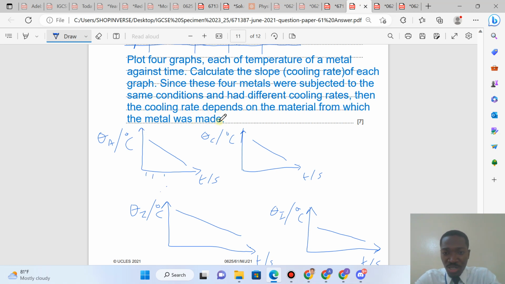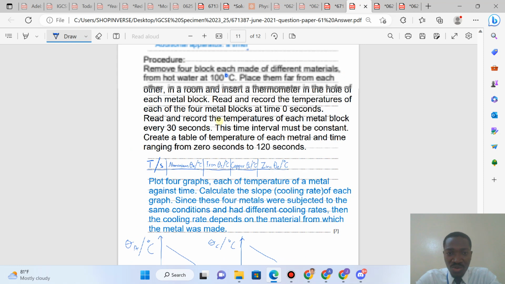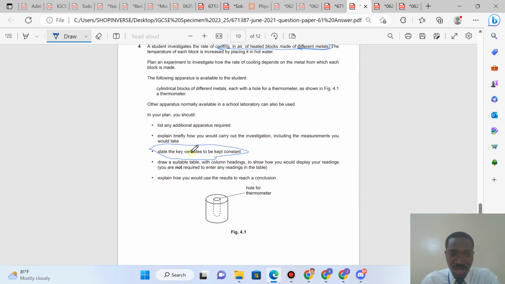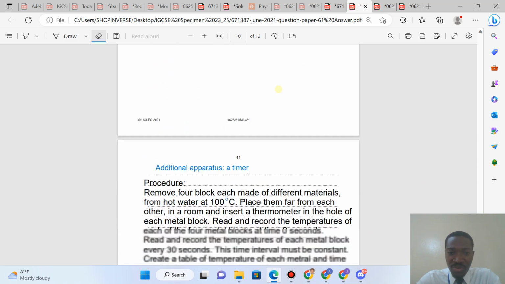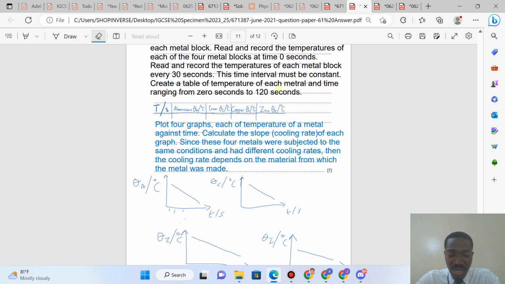Since they were exposed to the same environmental condition and they still had different cooling rates, it is the material from which these metals were made that determines their cooling rate. So that's it. We are producing answers to the statements in these bullet points. As you are producing answers to this, you are answering the question. This is exactly how you answer the question on planning, question 4 in IGCSE paper 6. You can see we just went straight to the point, and that is it.